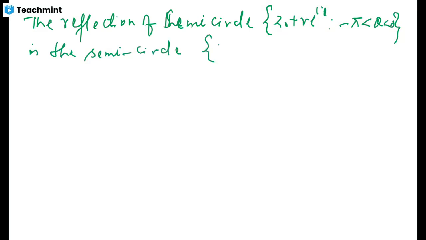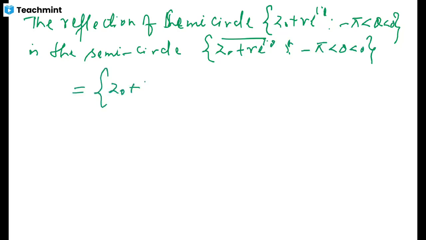Its reflection has to be the conjugate of z naught plus r e^{i theta}. Again, you write it, minus pi less than theta less than 0, and this thing is z naught plus r e^{-i theta}, minus pi less than theta less than 0.